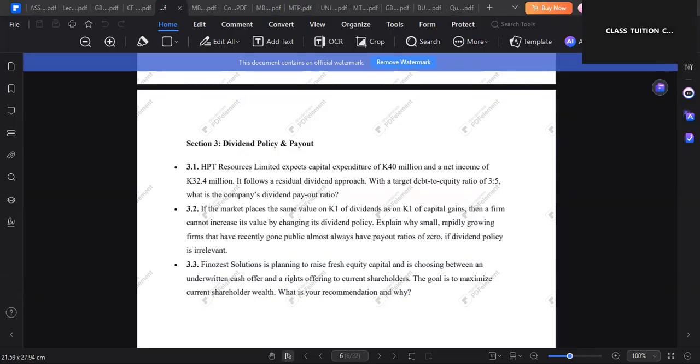We have the underwritten cash offer and the rights offer to the current shareholders. And the goal of this company is to maximize the current shareholders' wealth. What is the recommendation? So, firstly, we've heard that the aim is to maximize the current shareholders' wealth.